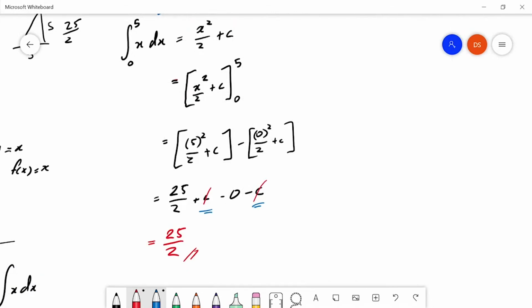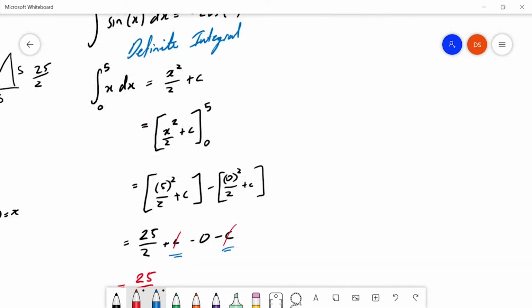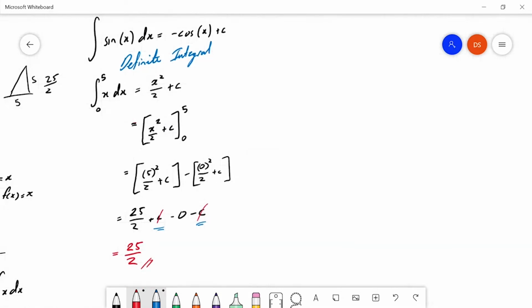And this is wonderful, because now, suppose here's another question, from 2 to 4 of 2x plus 7 dx. I can just integrate this. Add 1 to the power, divide by the new power, add 1 to the power, substitute 4, 2, and we plug in the 4 first.